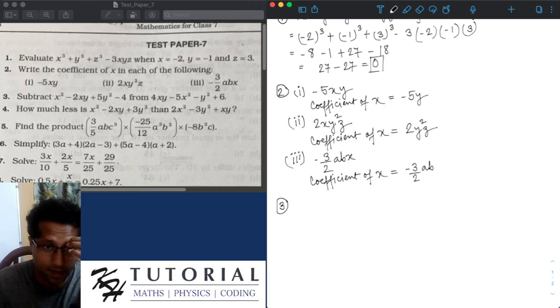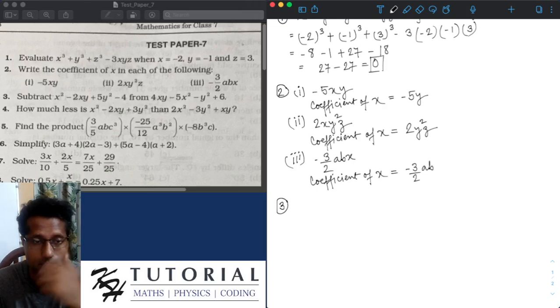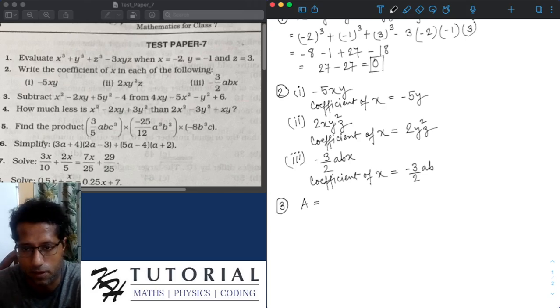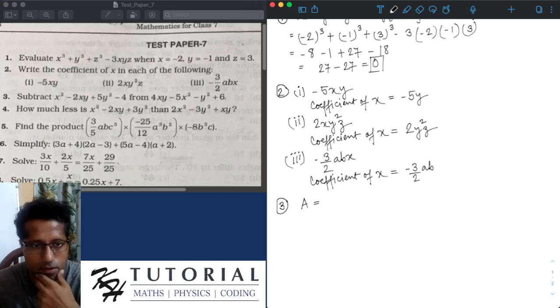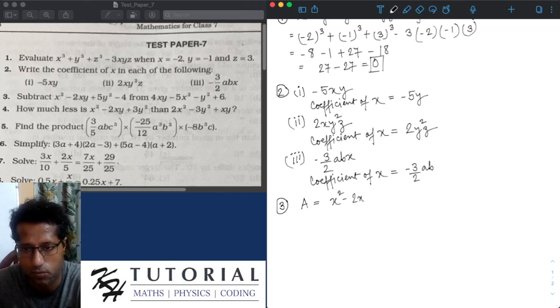It says subtract; a given algebraic expression is given, so subtract this from this. Let's do it in a very systematic way. Let's say the first algebraic expression is A. It is given to be x square minus 2xy plus 5y square minus 4.